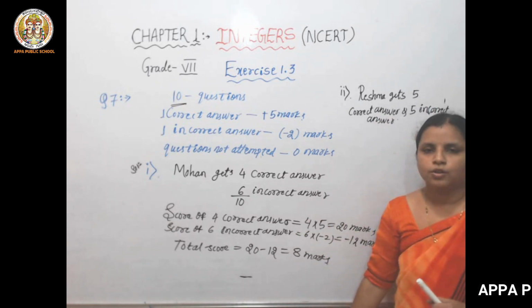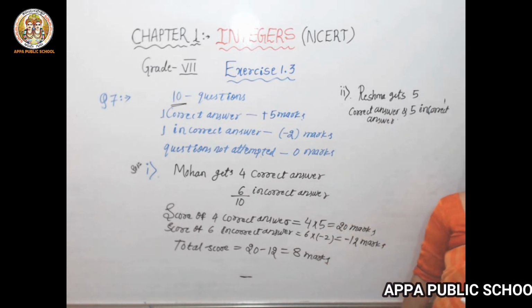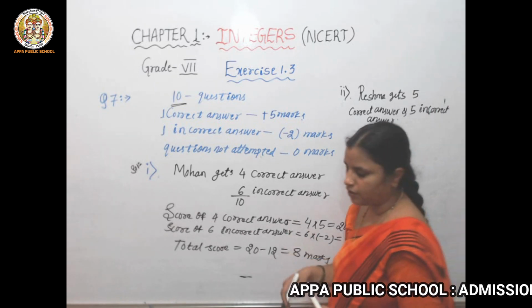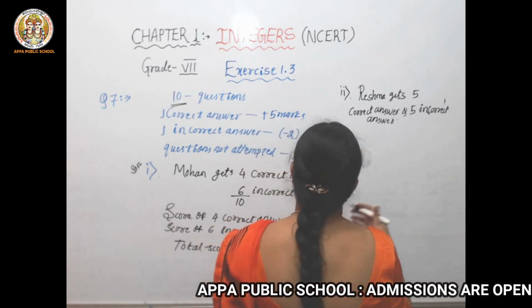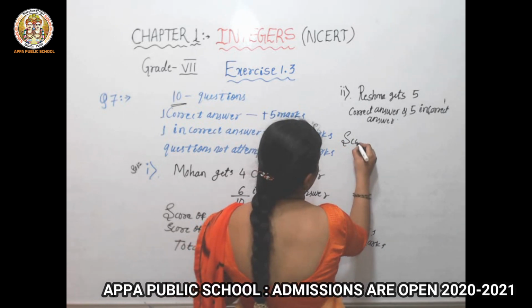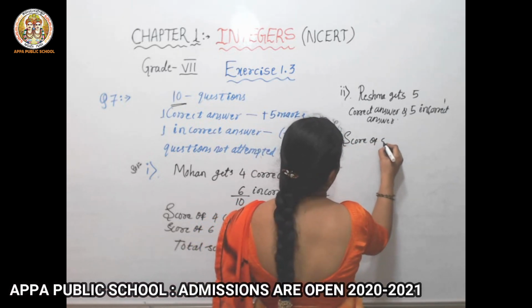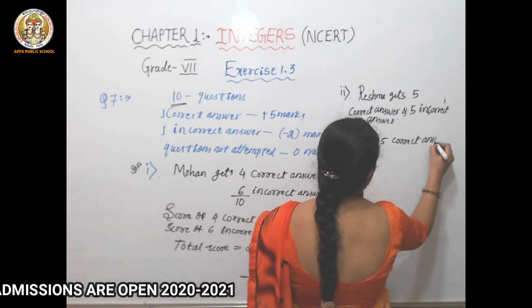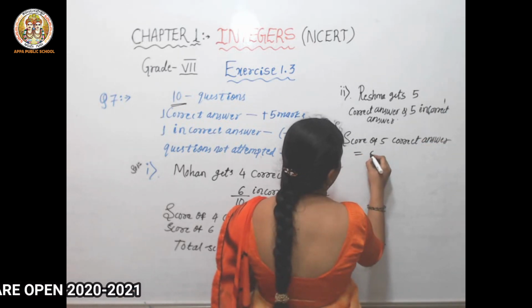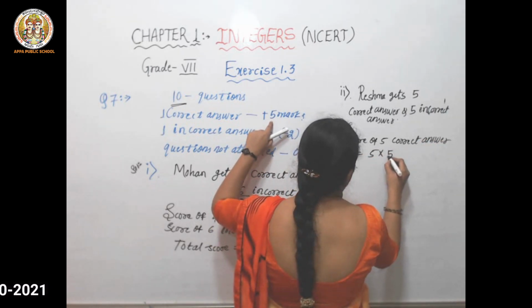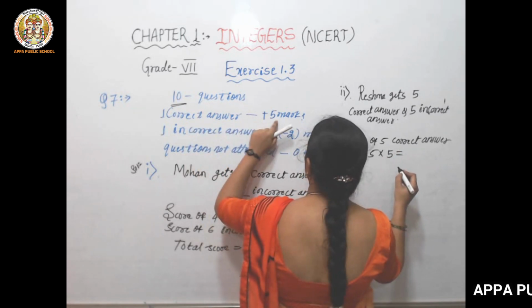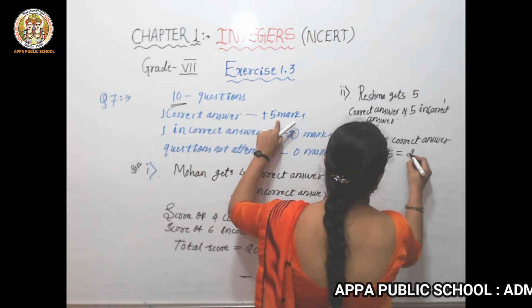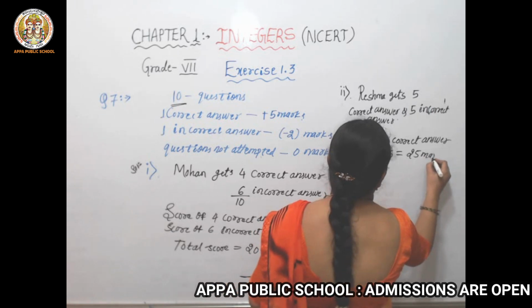Here also there is no matter of a not attempted question. Now we have to calculate the score of 5 correct answers. It is 5 into 5, because we give 5 marks for one correct answer. So 5 into 5 is 25 marks.